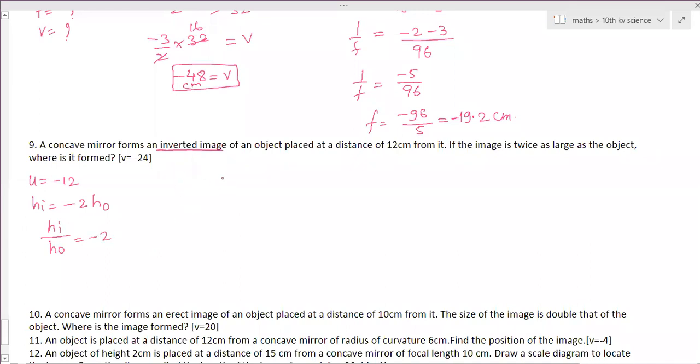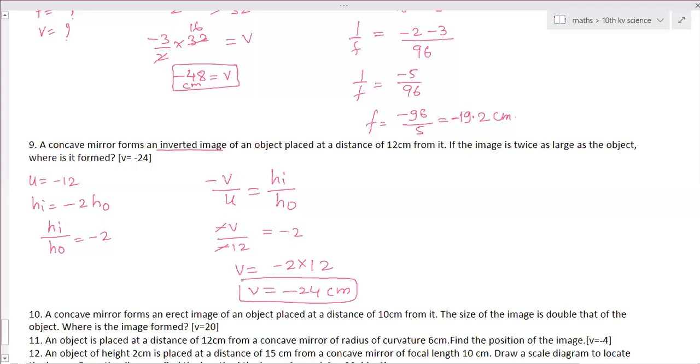So we have the relation minus V by U is equal to HI by HO. Substitute values and find the value of V. We don't have HI or HO value, but we have the ratio between them, that is minus 2. Minus V by U, U is minus 12. So this minus gets cancelled. So V is equal to minus 2 into 12, which is minus 24 centimeter. And find the focal length also in this question.